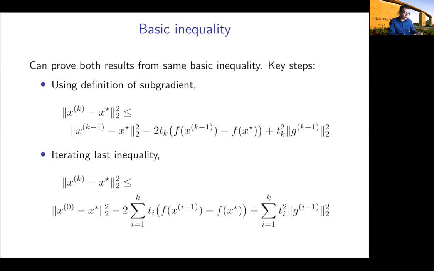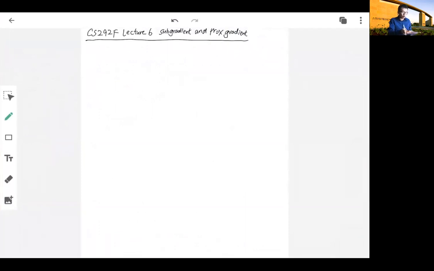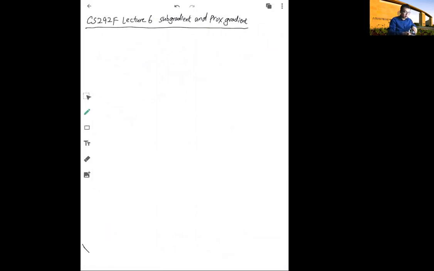Okay, so let's prove that more formally on the written board. The assumption is that f is G-Lipschitz, satisfying that |f(x) - f(y)| is smaller than G times ||x - y||.